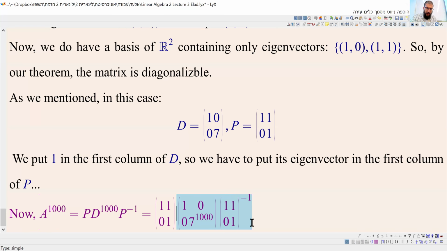So I'm not going to finish the calculation here, but as we mentioned, if A is very big and the power is very big, it's probably easier to do so. We'll see an example shortly.